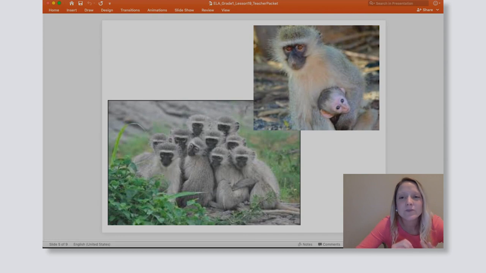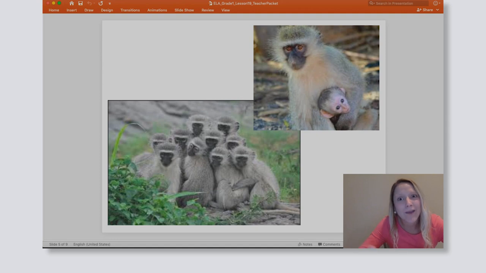Now, this author is writing that sometimes the young vervet monkeys sneak away from their parents, so they're adults. Do you guys remember what it means to sneak away? Yeah, they're being quiet, right? And hoping the adults don't see them, just like Jack from Jack and the Beanstalk.